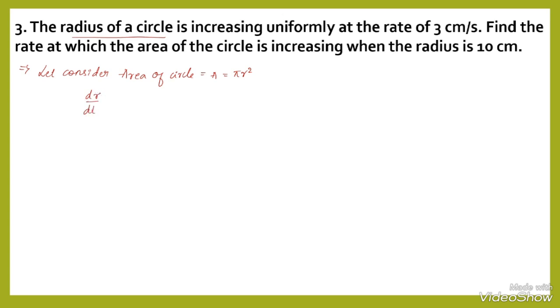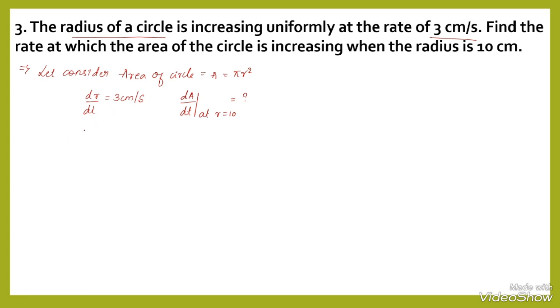The radius will be changing, that's why I am taking d by dt. They have given 3 centimeter per second, and we have to find dA by dt at r equals 10.